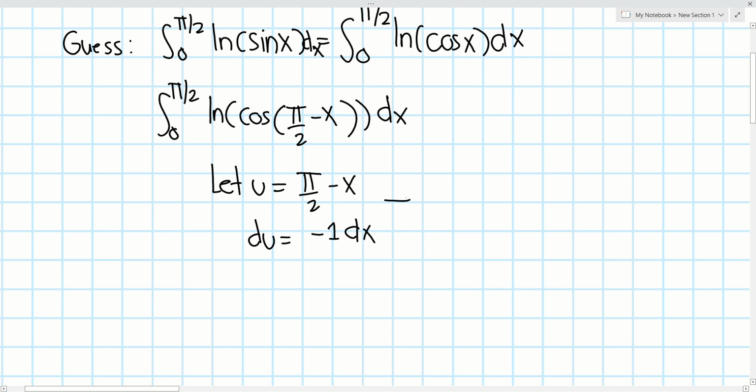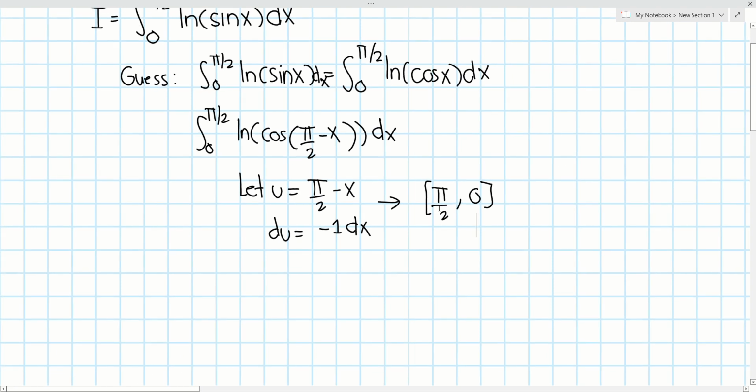Our bounds will become: at 0, pi over 2 minus 0 is pi over 2, and pi over 2 minus pi over 2 is 0, so pi over 2 to 0.